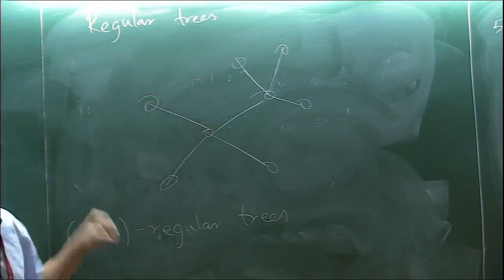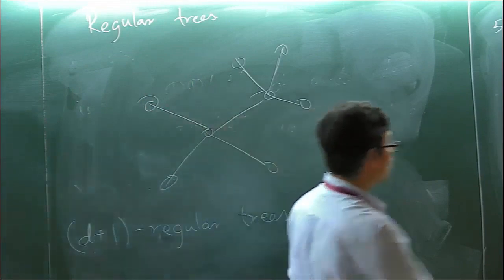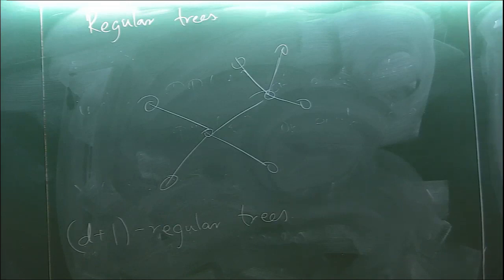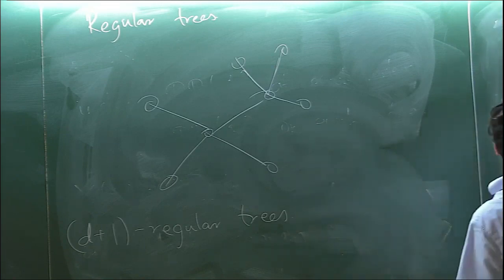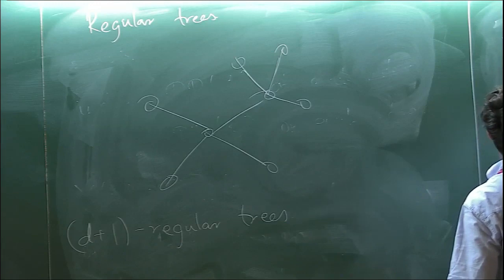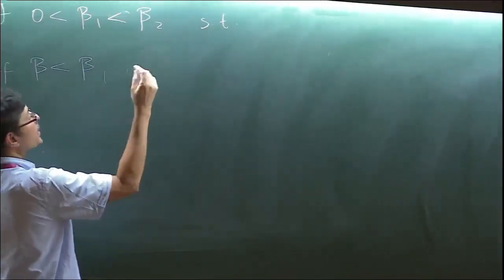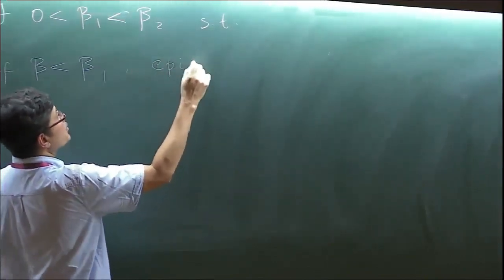You call that the root. You start an infection there. What happens to that infection? Does it survive forever? It turns out that on trees, there are in fact two thresholds. So there exist beta 1 and beta 2, such that if beta is smaller than beta 1, the epidemic dies out.